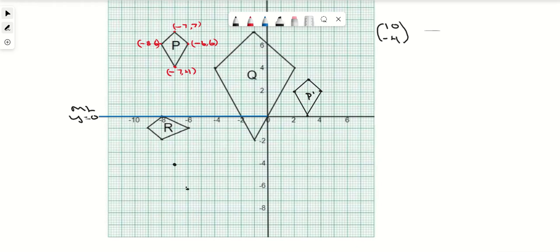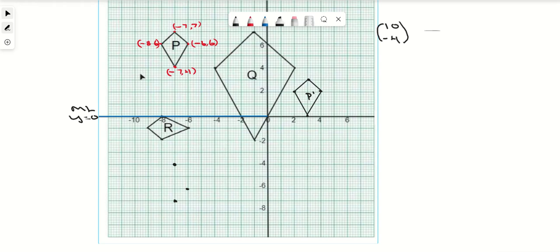You do the same thing. This is 7 spaces from your x-axis, so you're going to count 7 spaces. 1, 2, 3, 4, 5, 6, 7. So you know that your reflection for coordinate minus 7, 7 is this here.